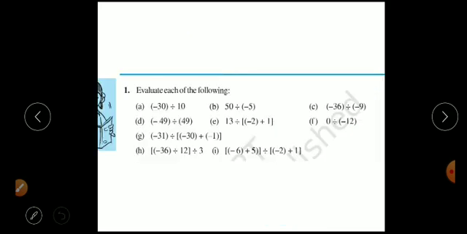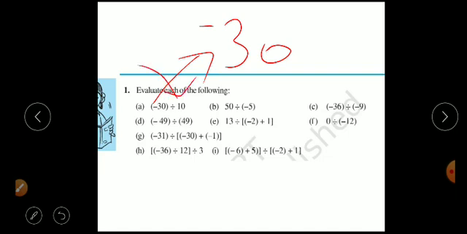Now we will go towards our first example, minus 30 divided by 10. Here division is there, and division is the opposite of multiplication, so 10 becomes like this.